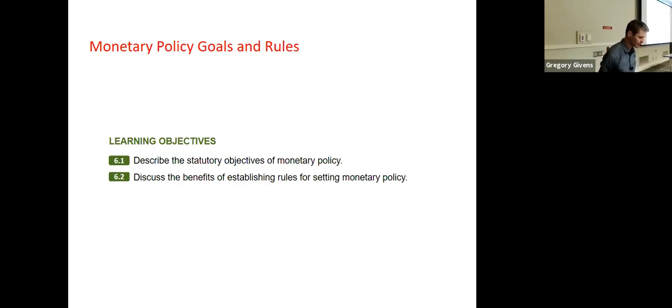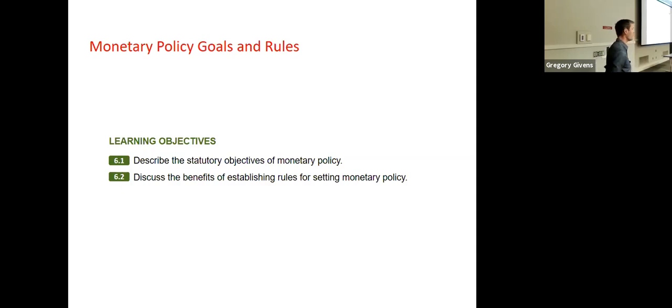So the first thing we're going to do is talk about what those primary objectives of monetary policy are in the United States, okay? Now, fortunately, this is really not too controversial, okay? Because as it turns out, the Fed is required by law. That is, they have a statutory obligation to pursue certain macroeconomic objectives.